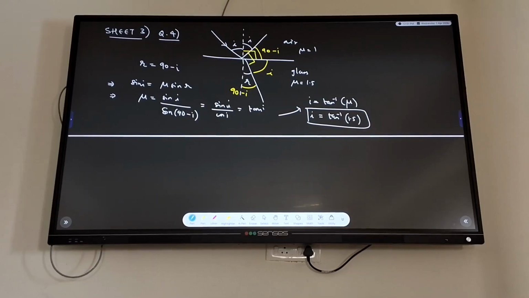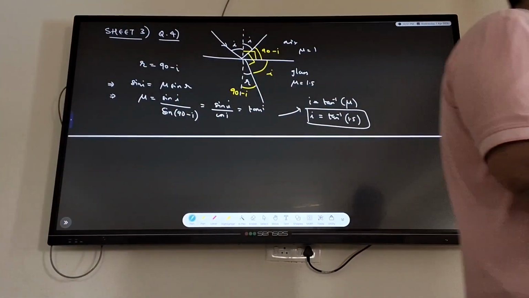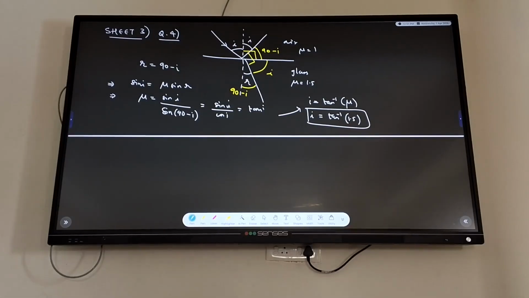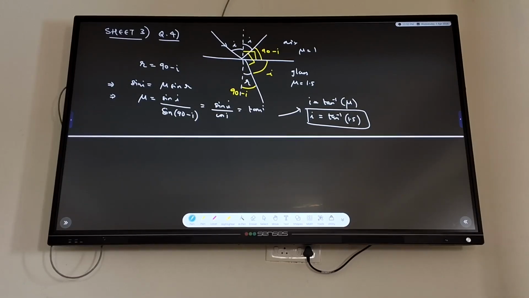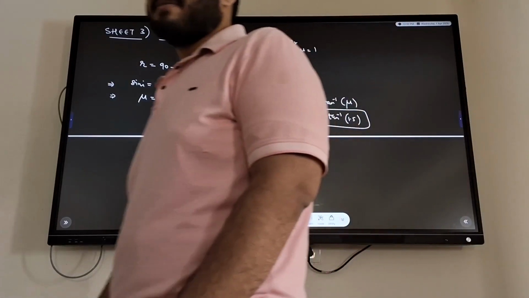Into the bottom of the lake. Aina. Can I start with question number 5?